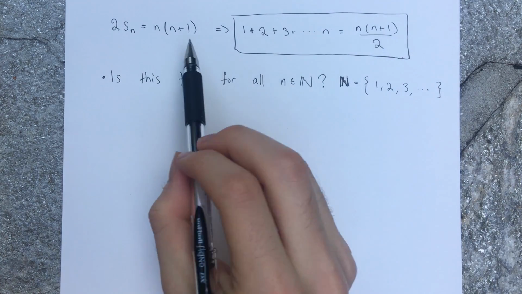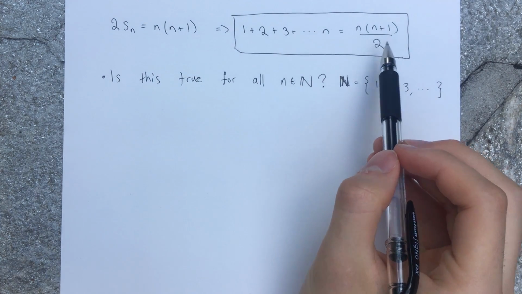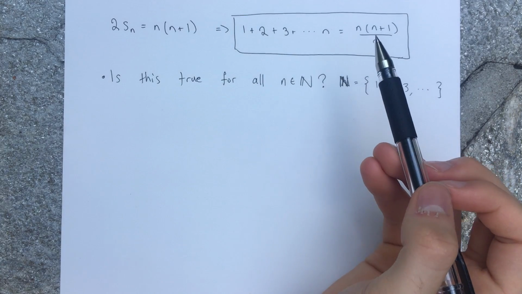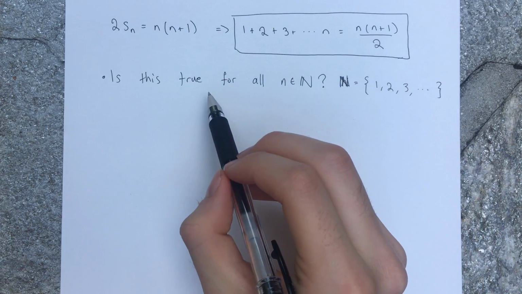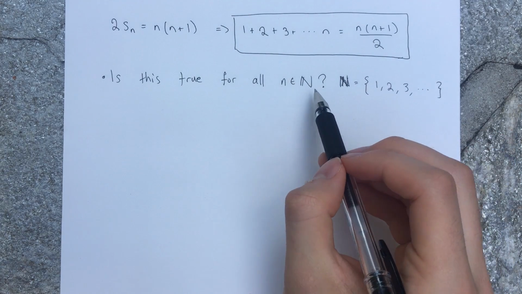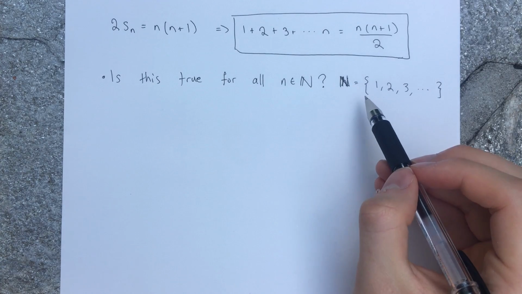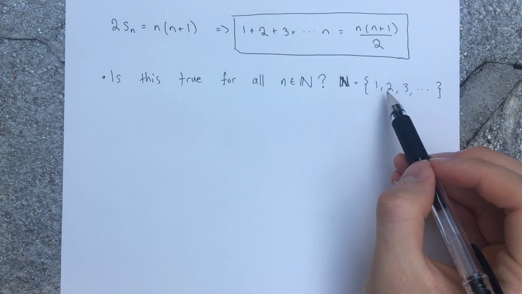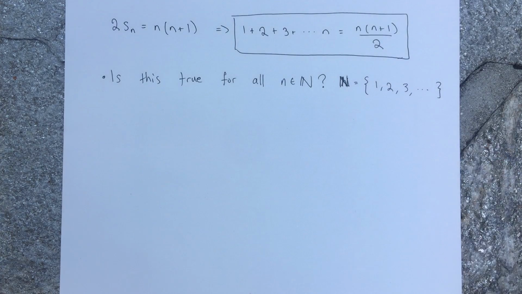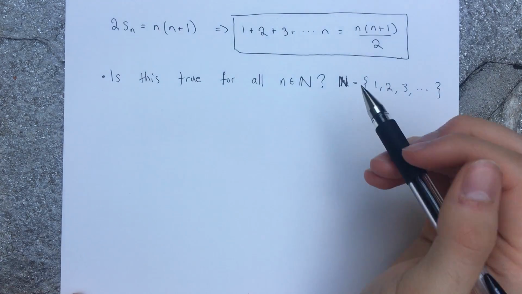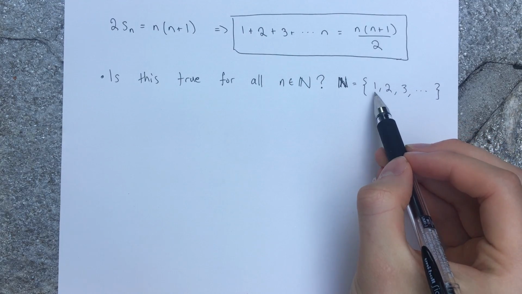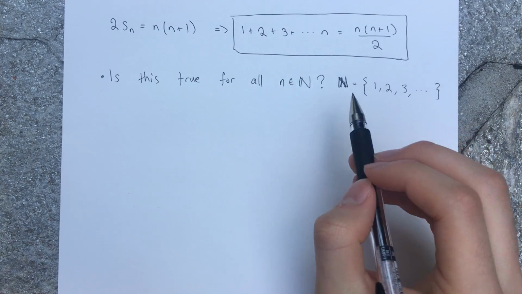Let's now verify if this formula is true using induction. So we're asking, is it true for all natural numbers, where the natural numbers are all positive integers, 1, 2, 3, 4, 5, and so on. So the first step to induction is verifying that it's true for the first positive integer, the first natural number, 1.